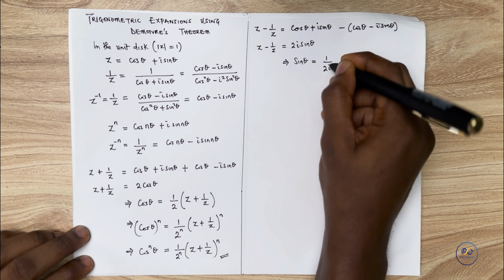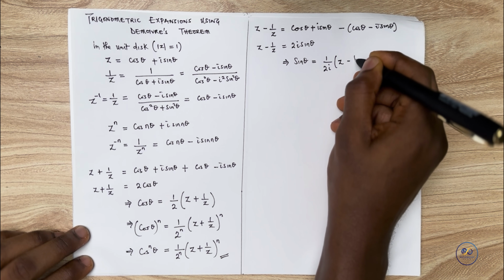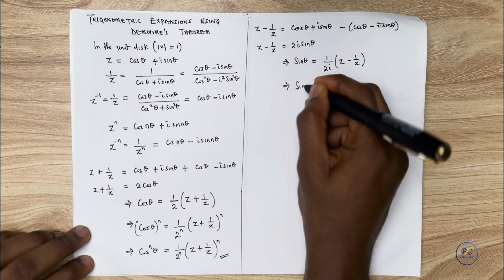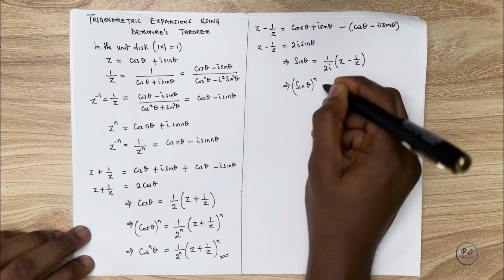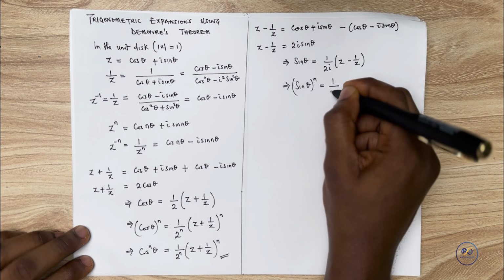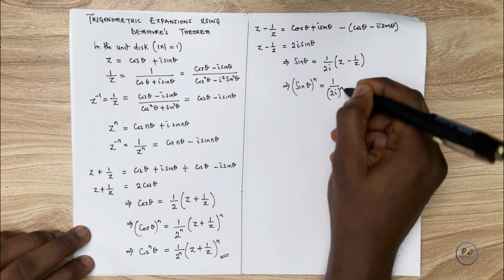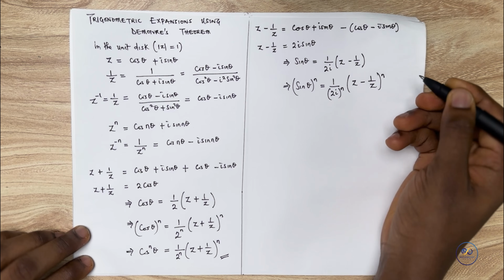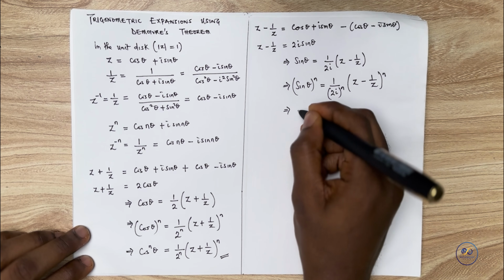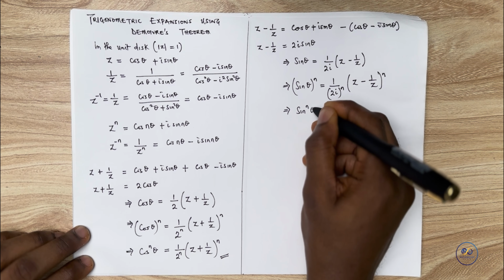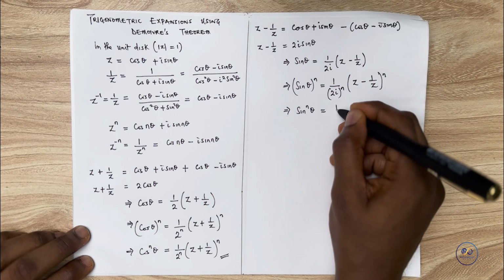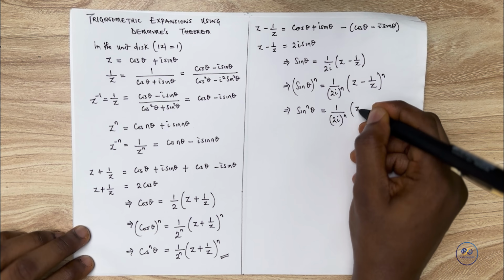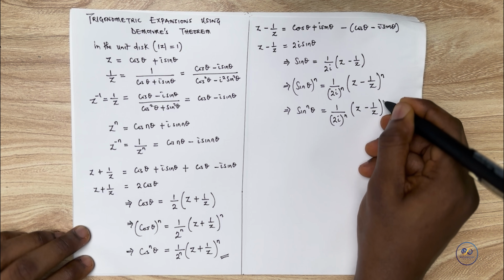1 over 2i times z minus 1 over z, such that if we take the nth power of both sides, we have sin theta all raised to the power of n equal to 1 divided by 2i raised to the power of n, times z minus 1 over z raised to the power of n, which is the same as saying sin^n theta is equal to (1 divided by 2i)^n times (z minus 1 over z)^n.